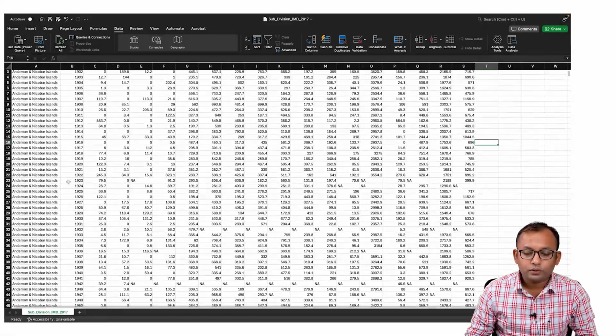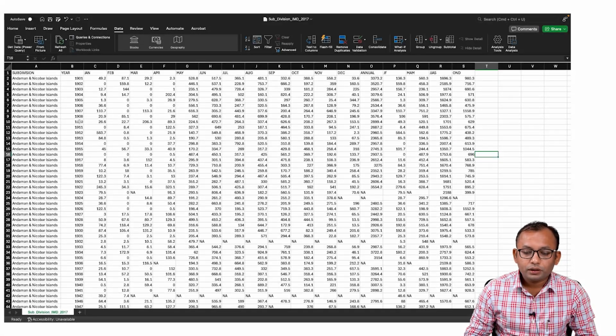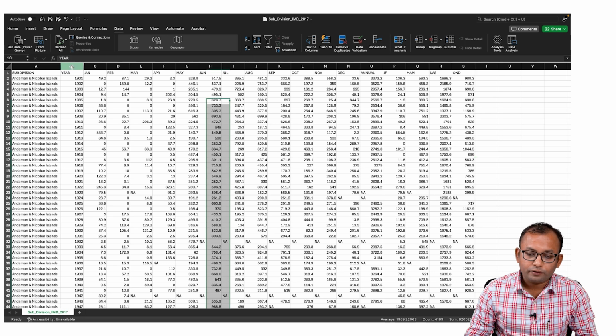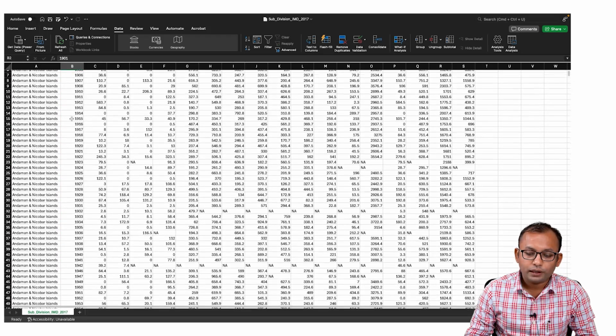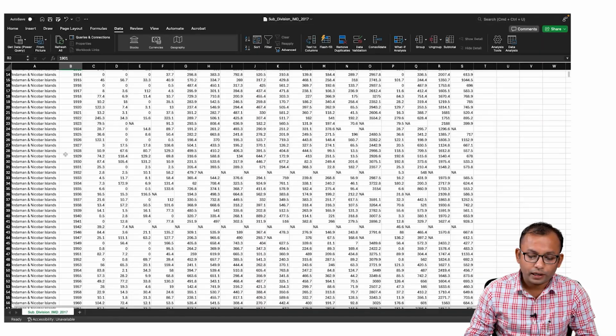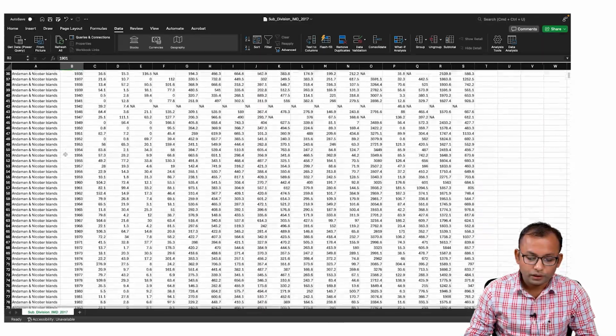Here the data set is divided into different subdivisions. You have a number of years where the data spans from 1901 to 2017 for Andaman and Nicobar Island.